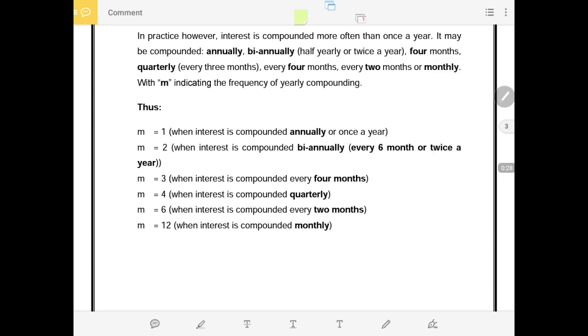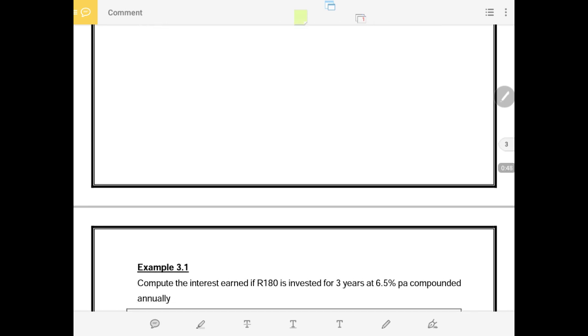But I've not dealt in detail with the different compounding periods per annum, or different yearly compounds. And we mentioned that M is the frequency indicating how often we earn interest and add it back to the capital, or increase the amount that we have originally invested.